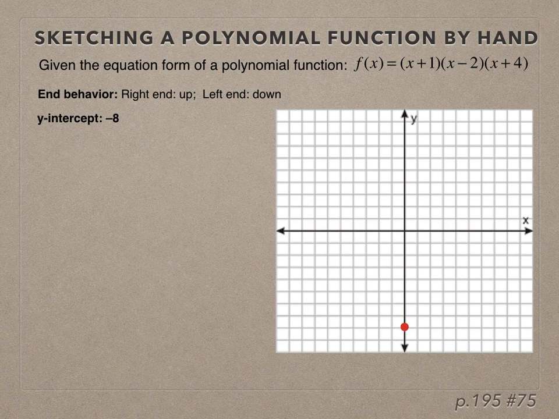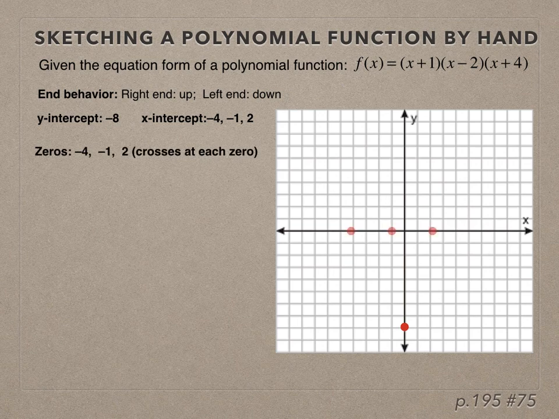And I've graphed that. To find my x-intercept, I set the function equal to 0, and then I apply the zero product property. What values of x will result in the function being 0? My x-intercepts will be -4, -1, and 2.